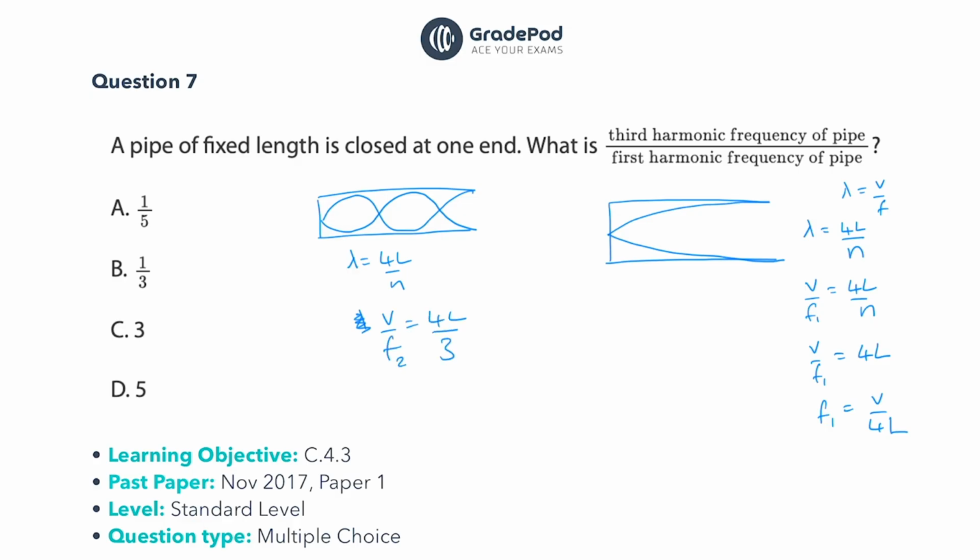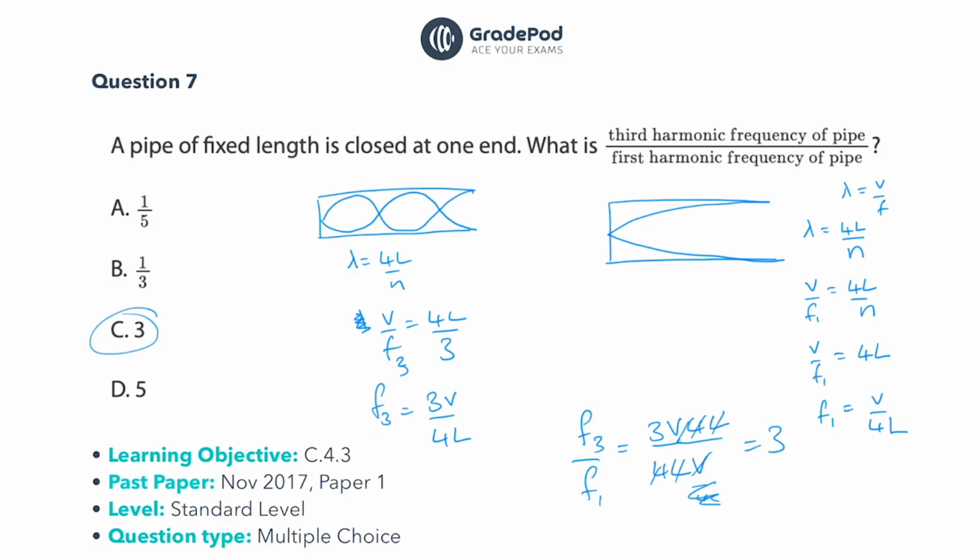So let's rearrange for f3. f3 gives us 3v over 4L. And the question says, what is this ratio, f3 over f1? So instead of f3, we're going to write 3v over 4L. And f1 is going to be v over 4L, which means we take that up to here. That cancels, that cancels, that cancels, gives us a value of 3. The answer is C.